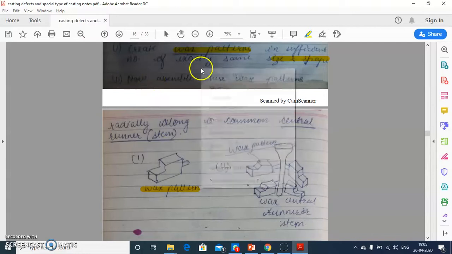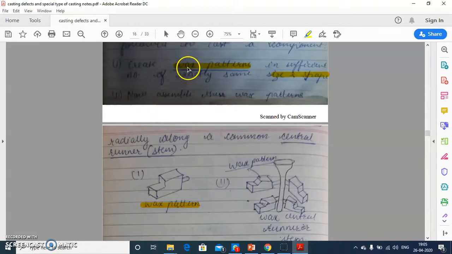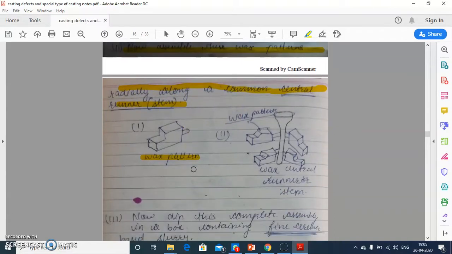Now assemble these wax patterns radially along with the common central runner. We can say it is a stem.